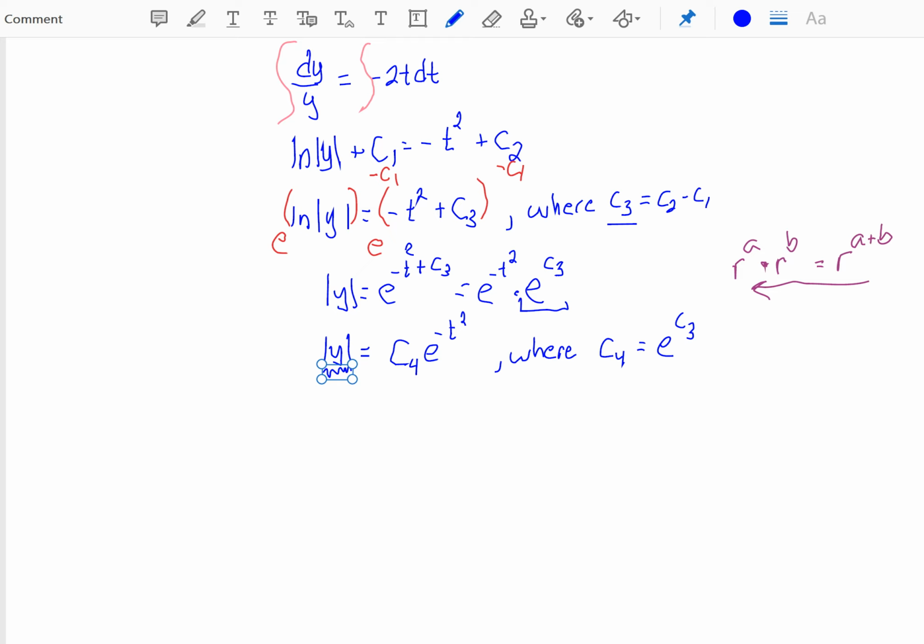First, if y is a positive number, then the absolute value of y doesn't change y. The absolute value of a positive number stays positive. So if y is a positive number, then we just have y equals c4 e to the negative t squared as a solution.